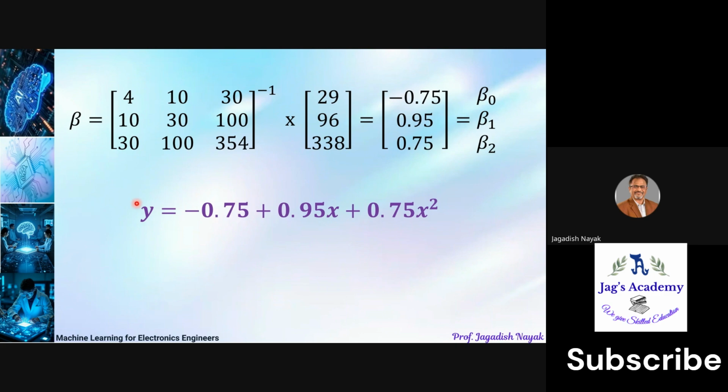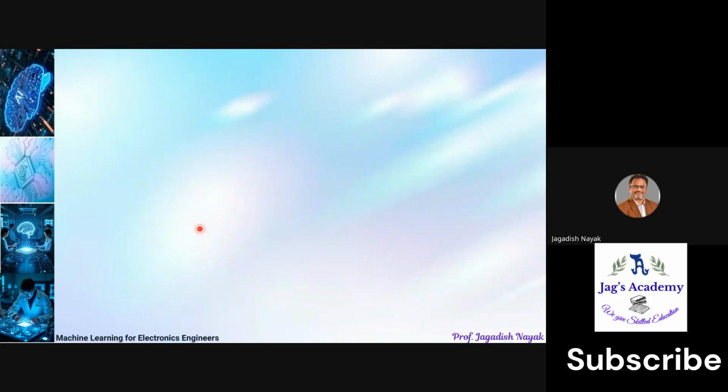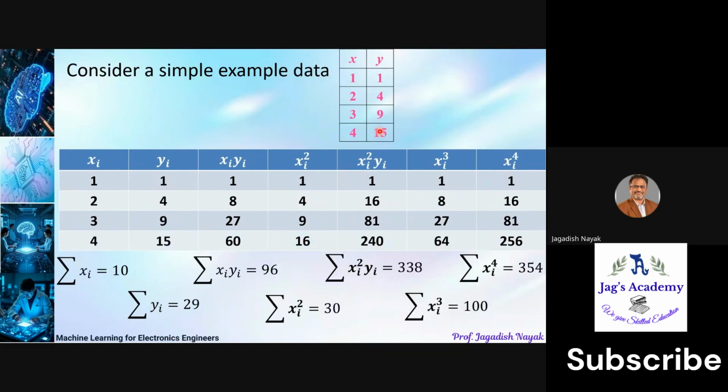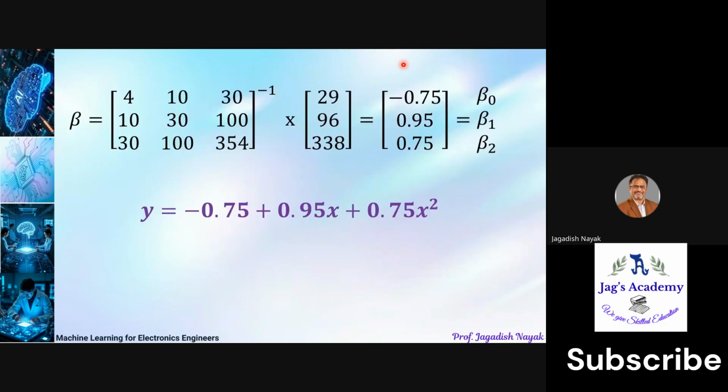Now this is the model equation. Can you get the prediction now? Yes, you can. These are the y values. Now for this x value, can you get y cap? Yes, you can. This is the prediction equation for polynomial regression.